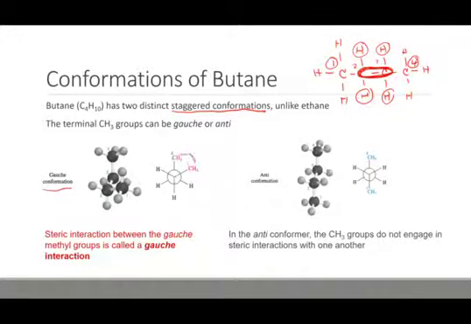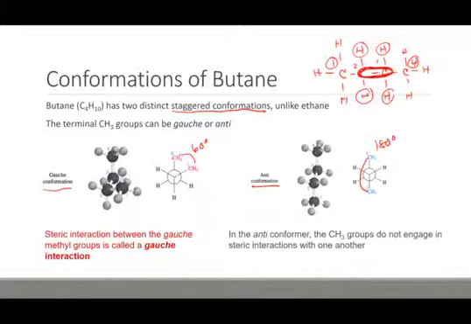That's where the 2 methyl groups here are near each other. They're 60 degrees apart from each other. Or we can have a conformation where they are staggered, where nothing is overlapping, but the methyl groups are now 180 degrees apart from each other, or an anti-conformation. We talked about these prior, the gauche versus anti. This is relating 2 groups, one in which you have a 60 degree versus a 180 degree difference.